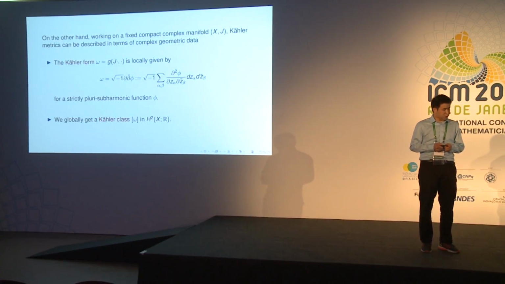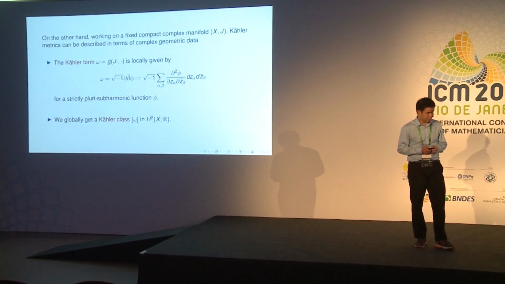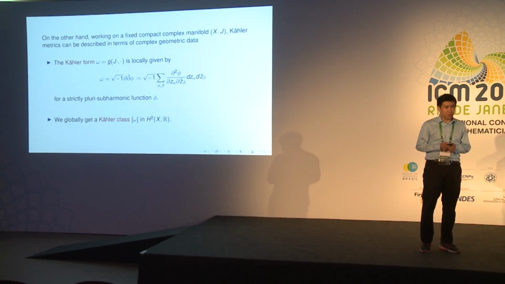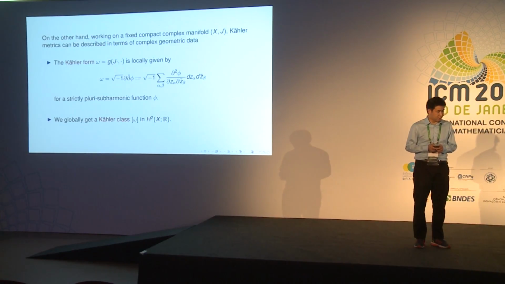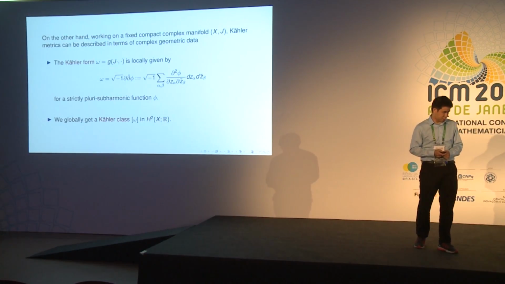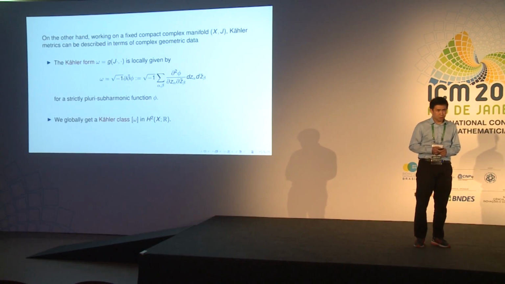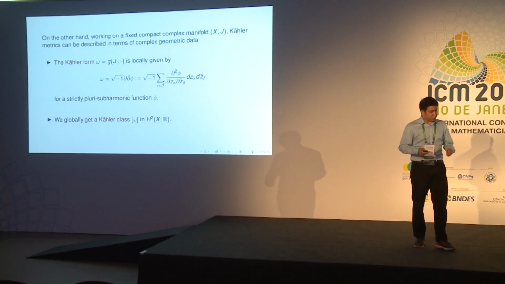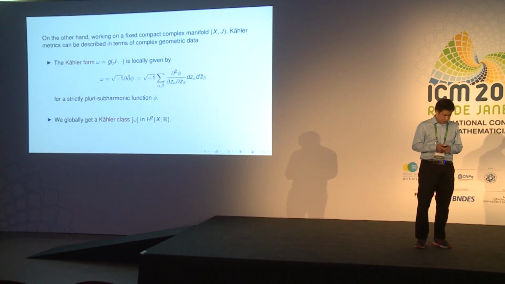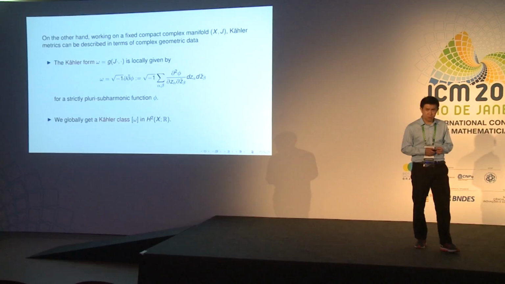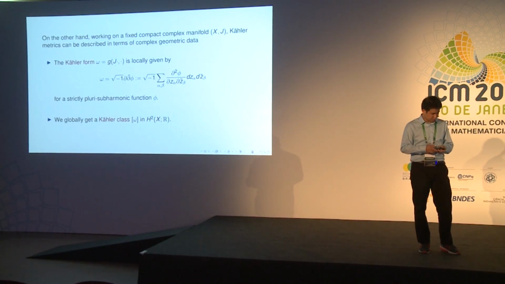The important point is that the Kähler form is always closed. It's a symplectic form. And locally, it can always be written as i ∂∂-bar of a plurisubharmonic potential function. You cannot do this globally, but on a compact manifold, this omega determines a cohomology class called the Kähler class, in the second cohomology.